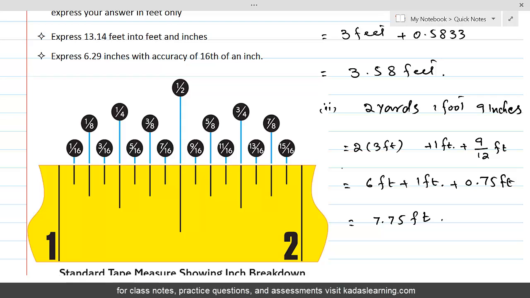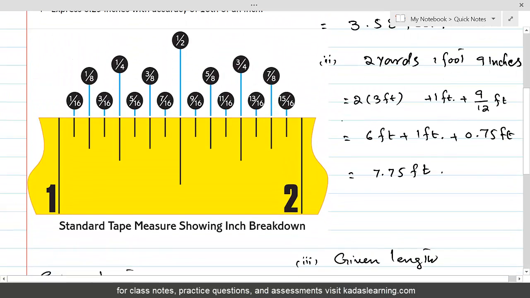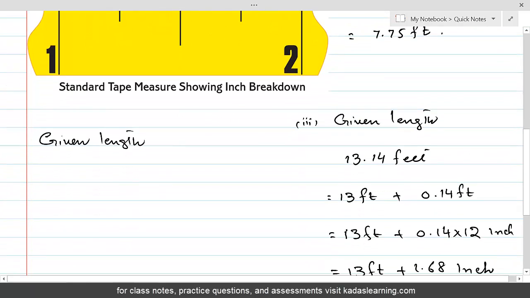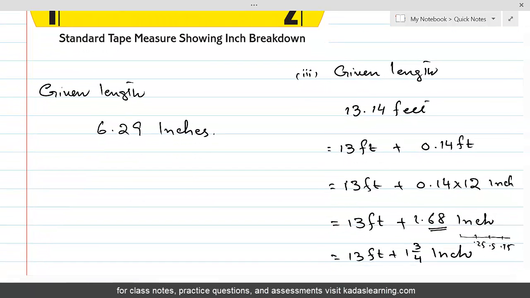Now question number 4, and this is the last question. Express 6.29 inches with accuracy of 1/16 of an inch. So the given length is 6.29 inches. If we need the accuracy level of 1/16 of an inch, this is how we do it.